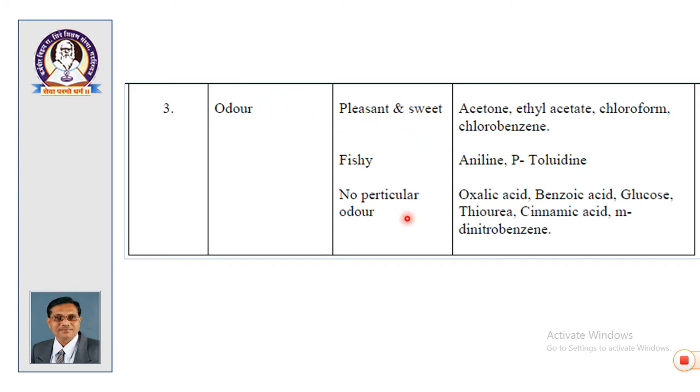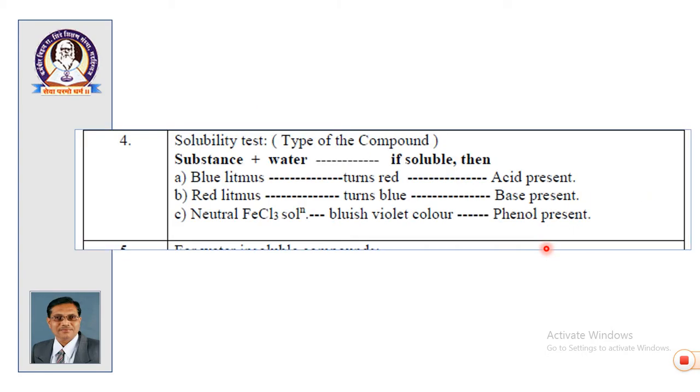Odor is of these 3 types: pleasant and sweet odor. It will be acetone, ethyl acetate, chloroform, chlorobenzene. Then if it is fishy, fish like dirty odor, then it will be aniline or paratoluidine. So, these are the basic compounds. Then no particular odor, then it will be oxalic acid, benzoic acid, glucose, thiourea, cinnamic acid and M-dinitrobenzene.